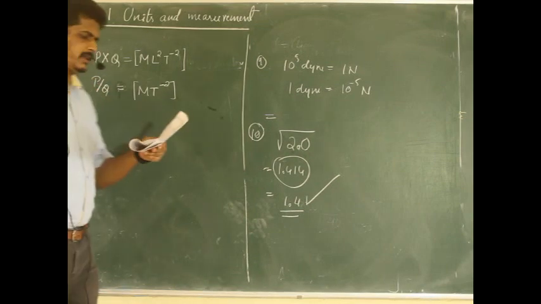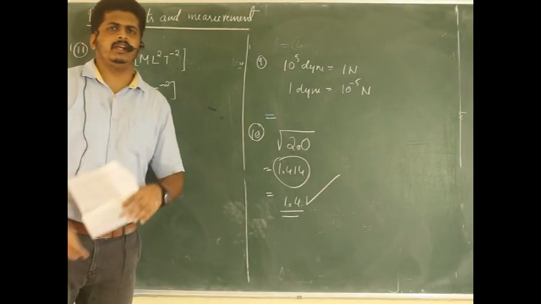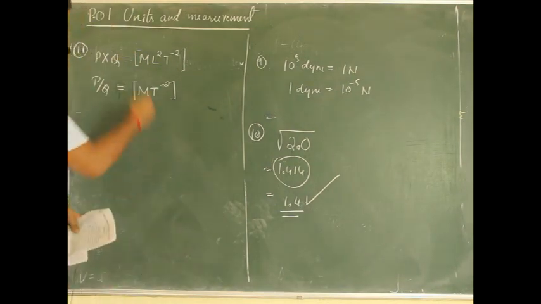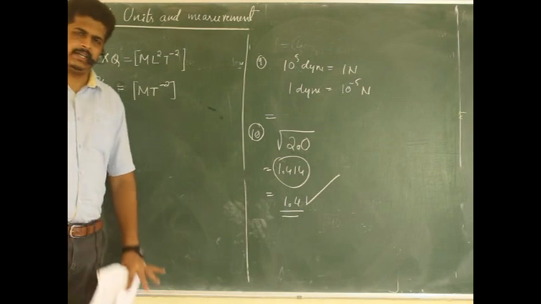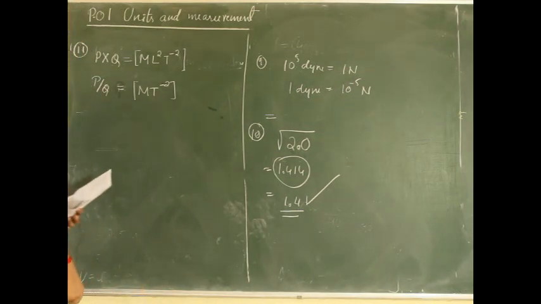So only this much they have given. Now what they are asking is, P and Q respectively are. That means when you arrive at the dimensional formula for P as well as separately for Q, you will come to know they represent some actual physical quantities. So let us find out how to understand that.